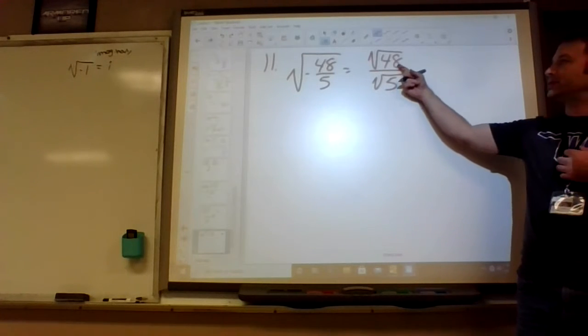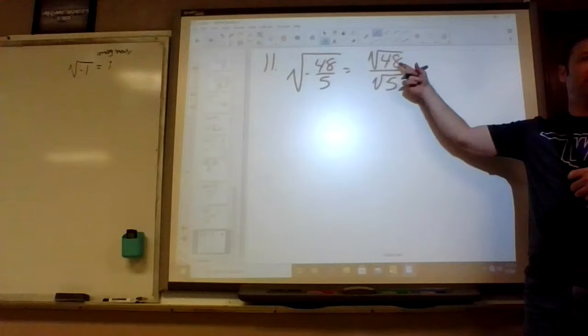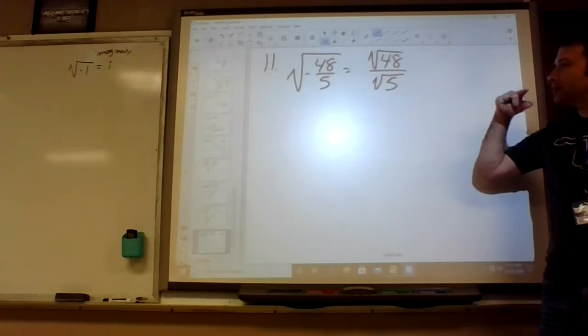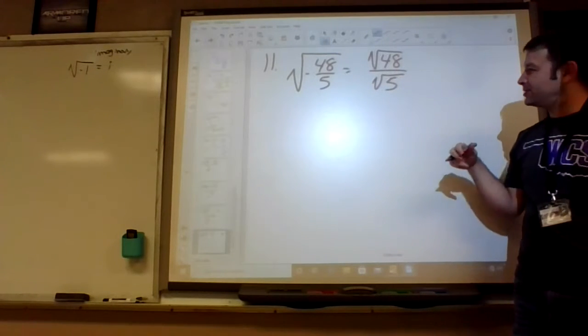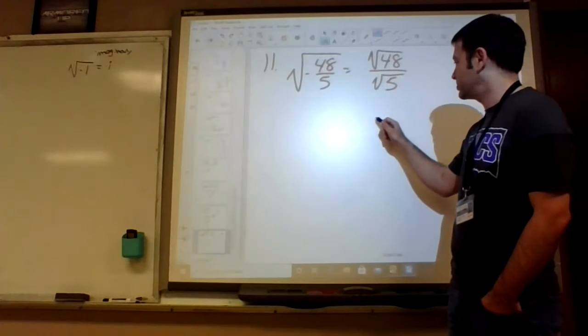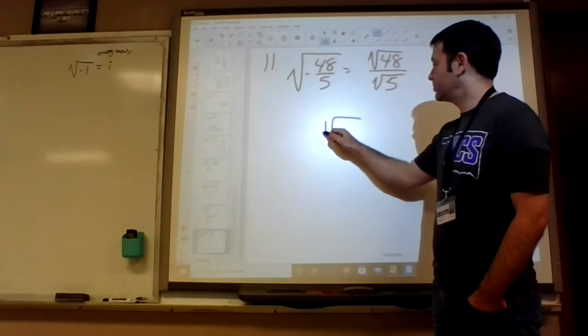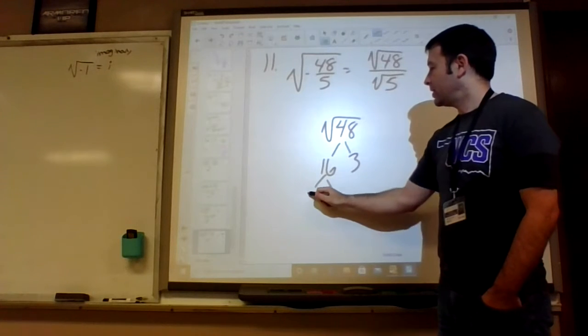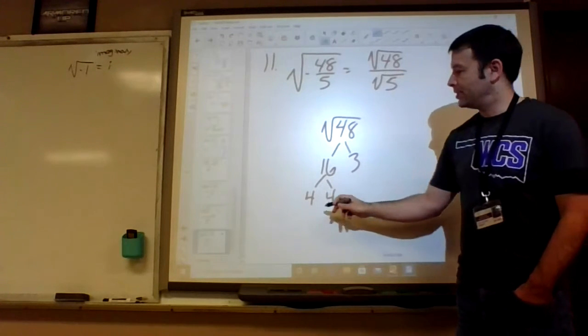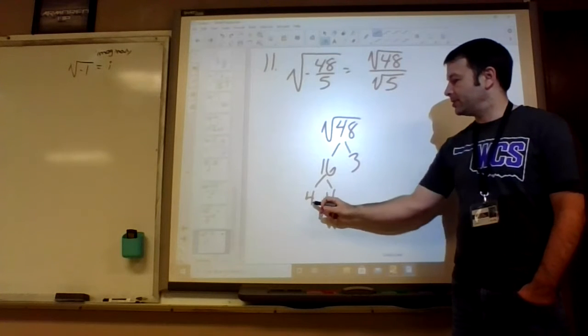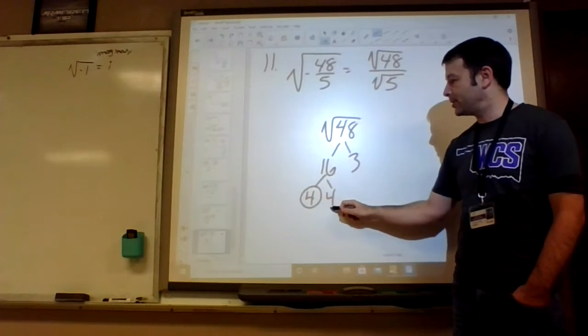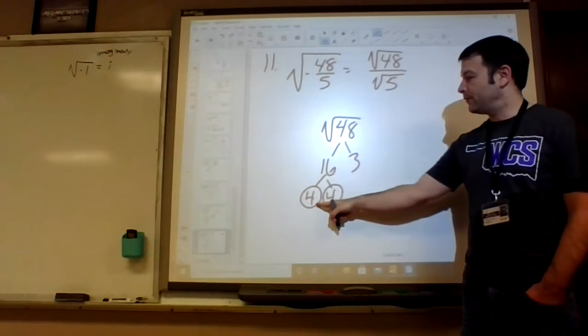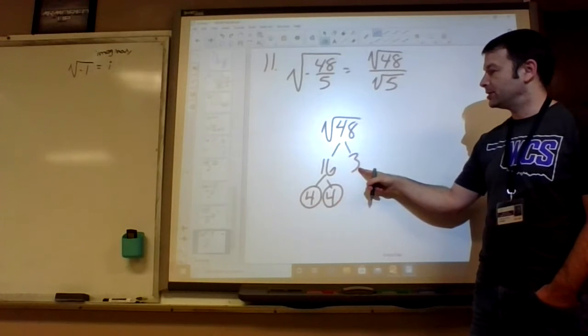Also, square root of 48 is going to simplify because there's going to be some doubles in it. So probably easier to simplify square root of 48 first. So what goes into 48? 16 and 3. Okay, 16 is 4 times 4. We could break that down some more, but since it's already a double, you can stop here. So this is going to be 4 square root of 3.